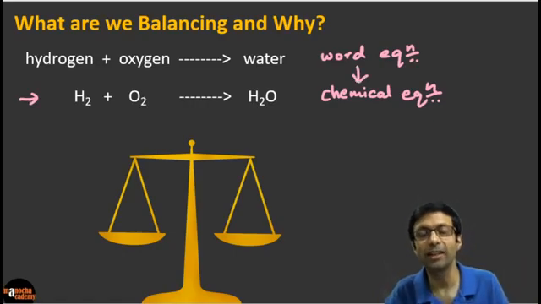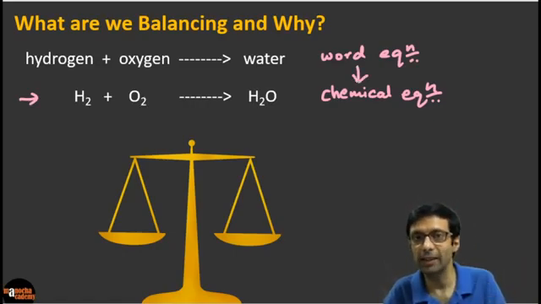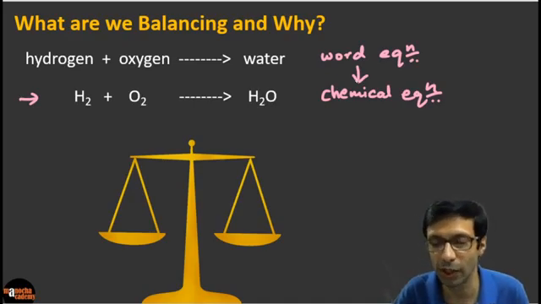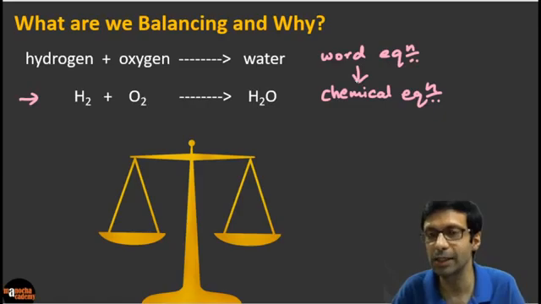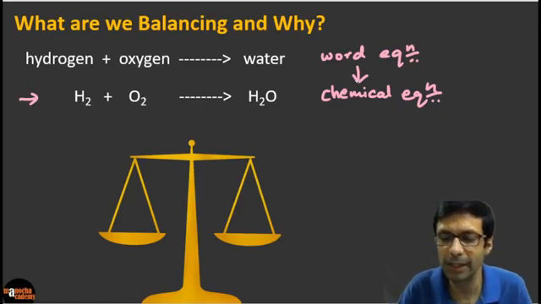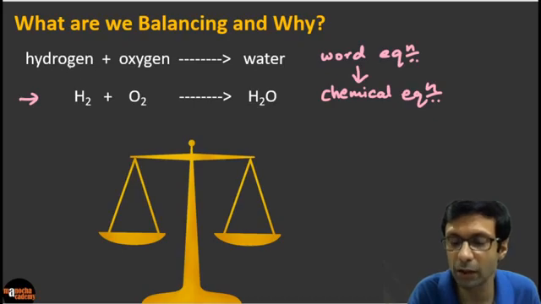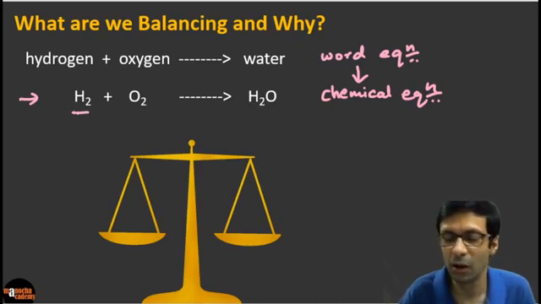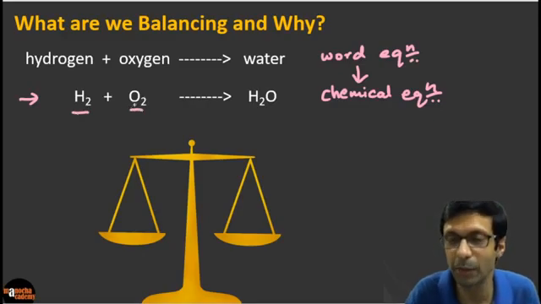And if you don't know that, I have a video on how to write chemical equations. So do check it out. It's on my channel Manocha Academy. You must know this first step of how to convert a word equation to a chemical equation. And what's the basic idea? One molecule of hydrogen is H2, as you can see here. One molecule of oxygen is represented by O2.